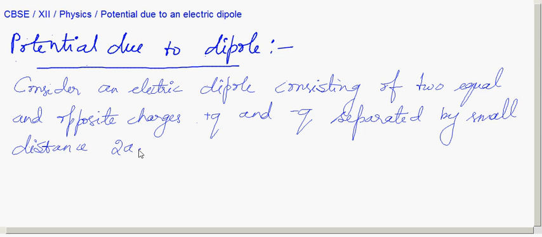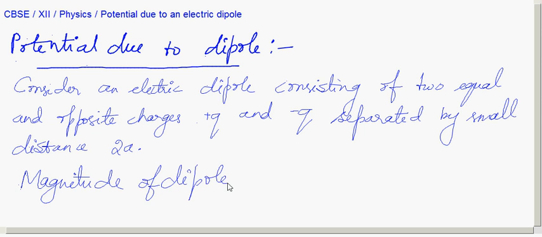Now we know the magnitude of the dipole moment is given by P equal to q into 2a, the magnitude of any one charge multiplied by the distance between them.